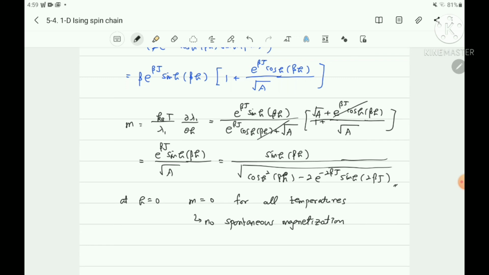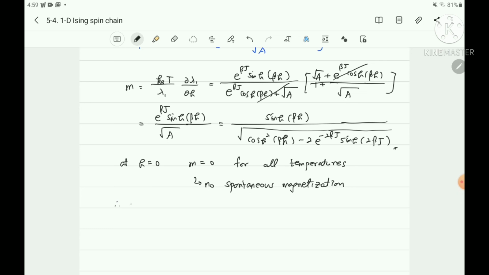Spontaneous magnetization is magnetic ordering, a non-zero magnetic moment without magnetic field, taken as the limit of h going to 0, but it exhibits no spontaneous magnetization.